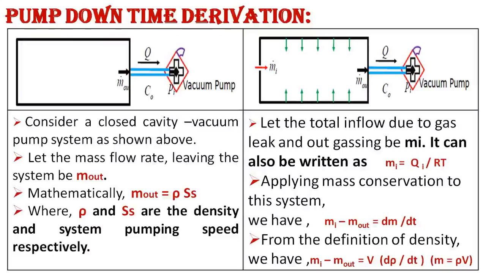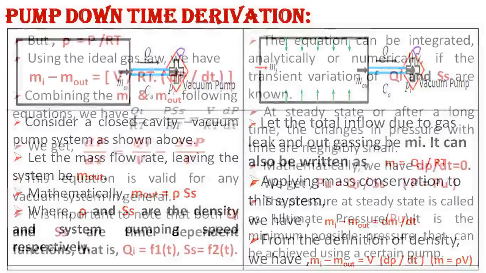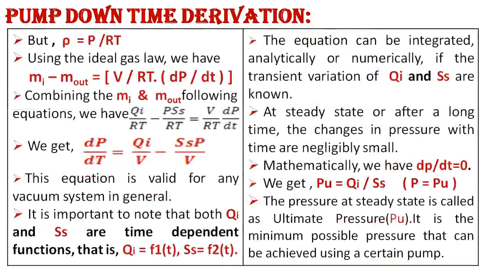Applying mass conservation to the system, we get M in minus M out is equal to dm upon dt. From the definition of molar density, we have M in minus M out is equal to V d rho upon dt. Now rho is equal to P upon RT. By using the ideal gas law, we have M in minus M out is equal to V upon RT into dP by dt.